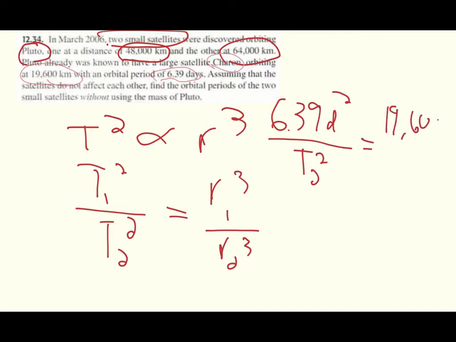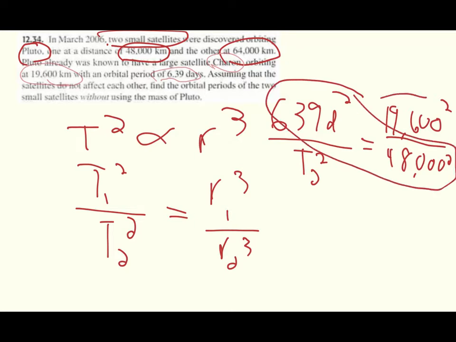So we're going to say 6.39 days squared over the one we don't know, T2 squared, equals 19,600 squared over 48,000 squared. So I cross multiply.